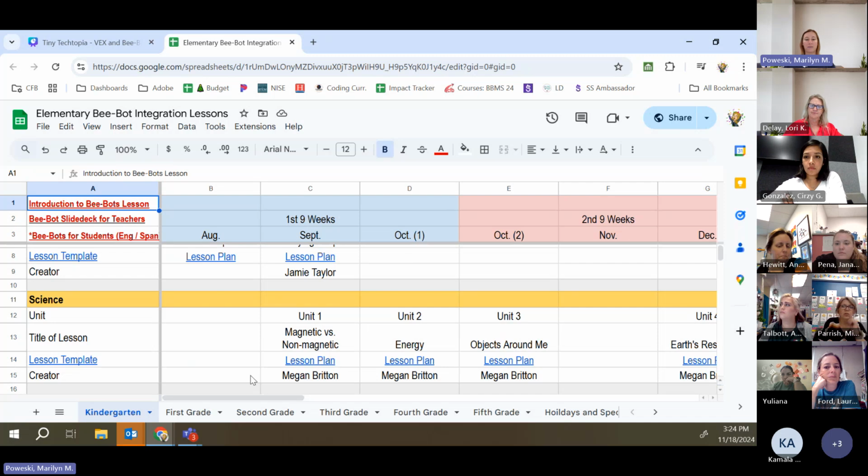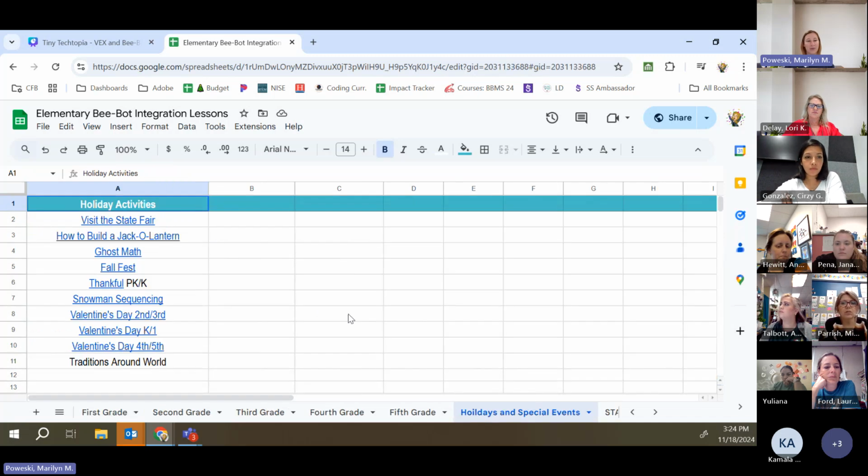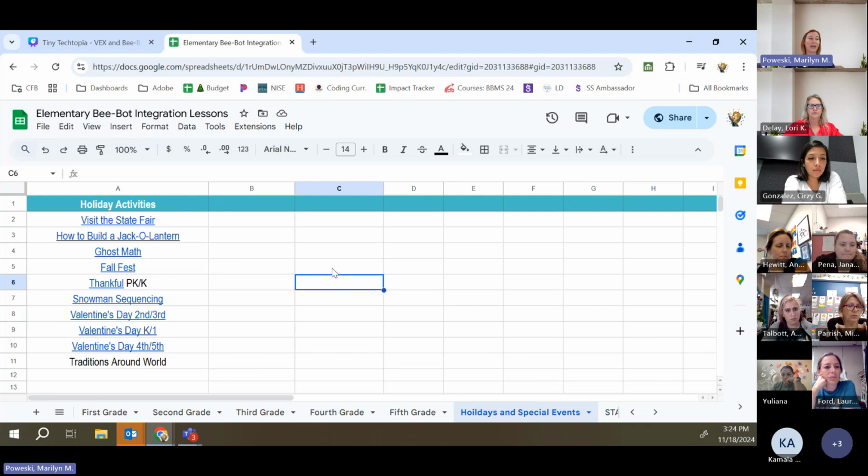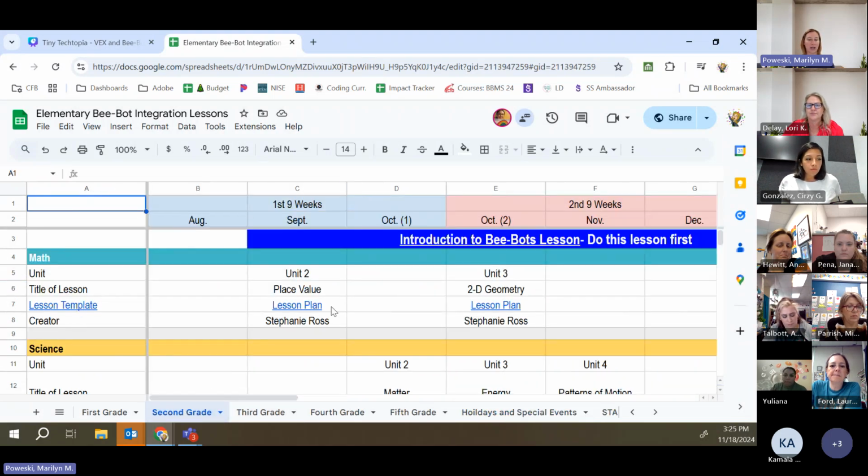So over on the right-hand side, there's a list of a whole bunch of holiday activities. If you've got something where it's like, man, I've got Friday, November 20th that I'm not really feeling like doing, or the 22nd, whatever that is, that I'm not really feeling like spending a whole bunch of time digging into new content, those are available to you if you're looking at, again, second grade.